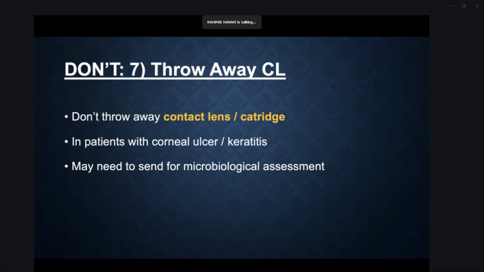Because sometimes we need to send to our microbiology colleague for assessment and do the culture and sensitivity to identify what is the real microorganism that caused the keratitis. Some hospitals do not do C&S on the cartridge, but you just keep it and ask the patient to bring it to us. No harm.